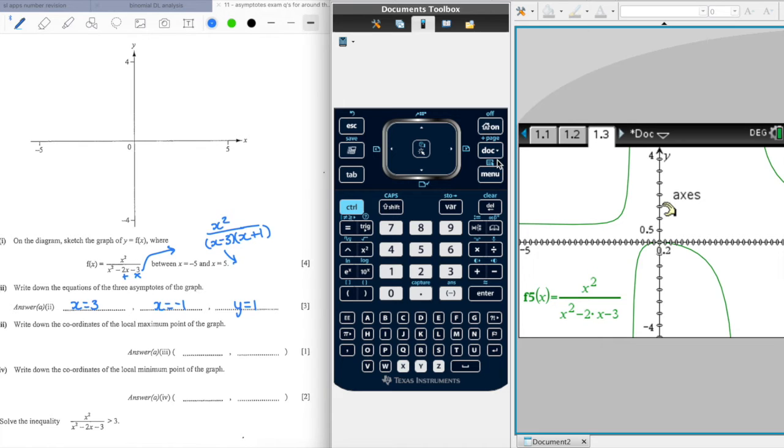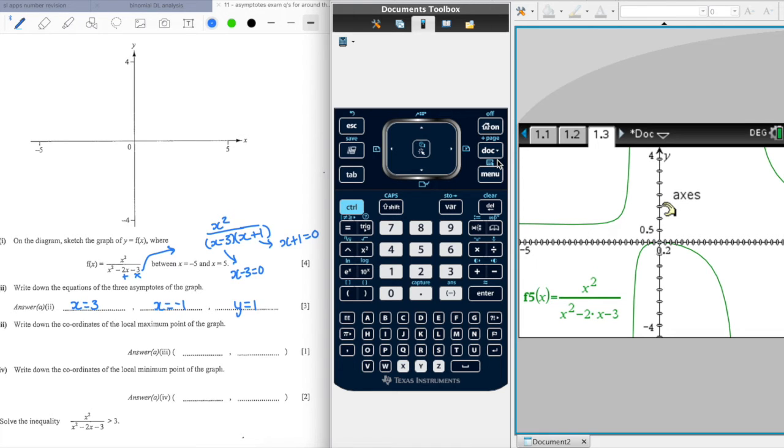So we have one asymptote when x minus 3 is equal to 0, which is where my x is equal to 3 comes from. We have a second asymptote when x plus 1 is equal to 0, so that's where my x is equal to -1 comes from. We also have a third one, which is the horizontal one, and that's saying what happens to the function as x becomes very, very large or very, very small.